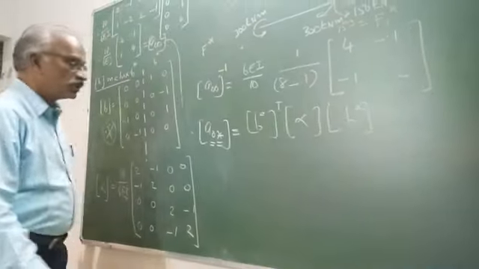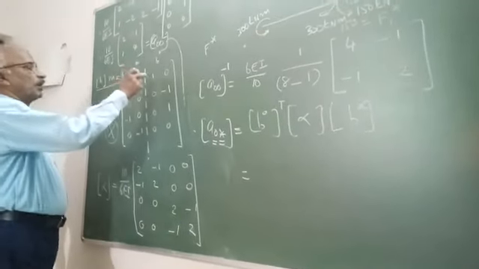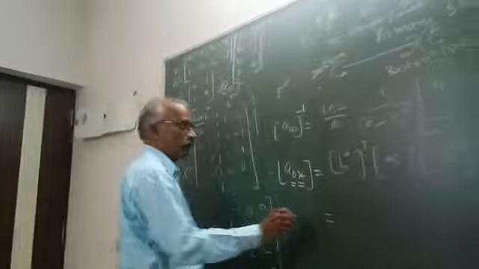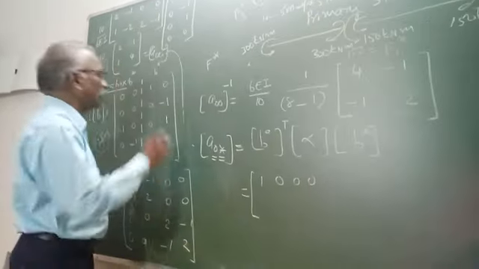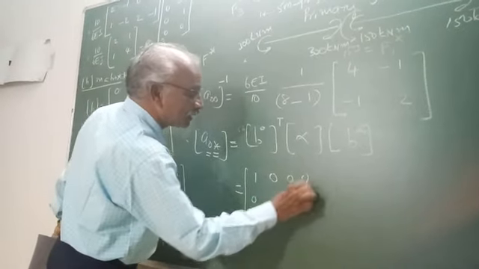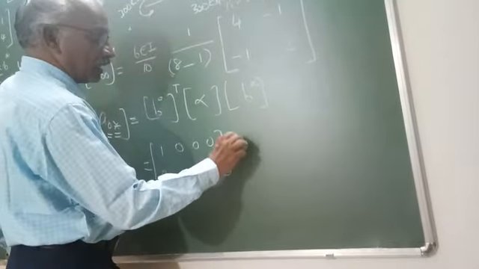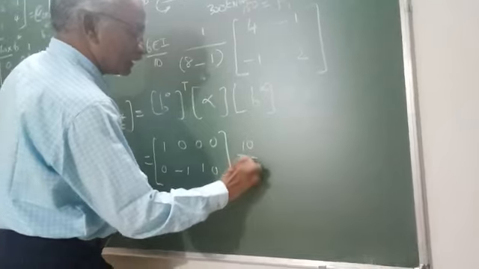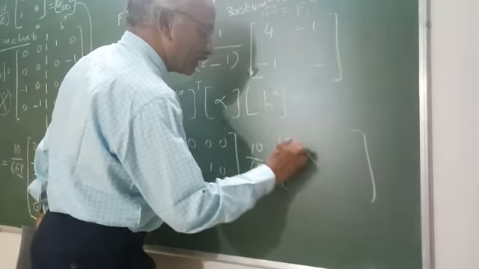B naught transpose as before: 1 0 0 0, 1 0 0 0, 0 minus 1 0, minus 1 1 0, into alpha 4 by 4, that is 10 by 6EI into the 4 by 4 matrix.